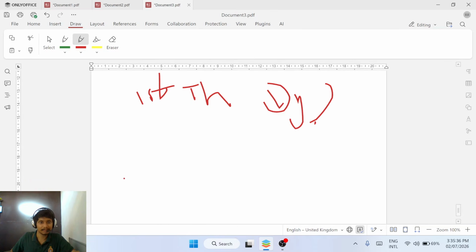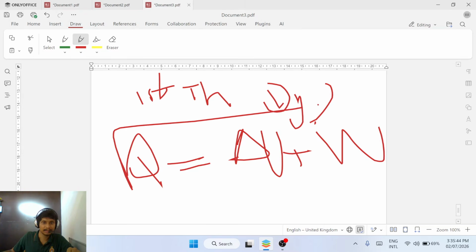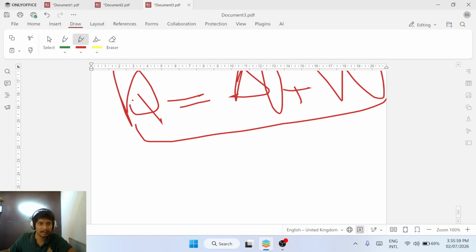We have already discussed in our early classes that Q is equal to delta U plus W, that is, Q is equal to delta U plus delta W.